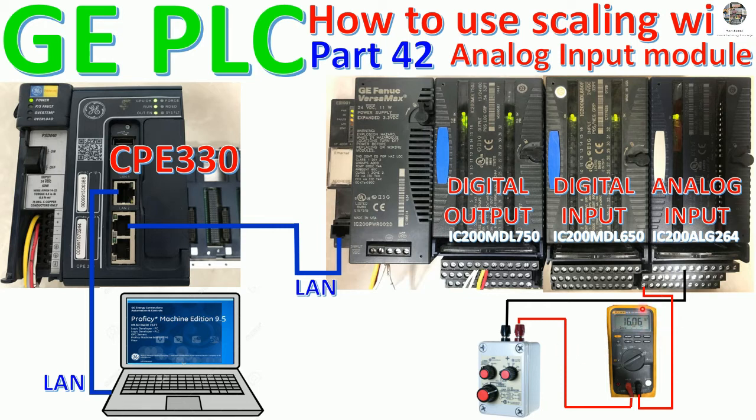For other channels we can connect minus the same, and plus to channel number 1, number 2, until channel 15. Okay, so let's go to our software, Proficy Machine Edition version 9.5, to create the scaling to show the value.